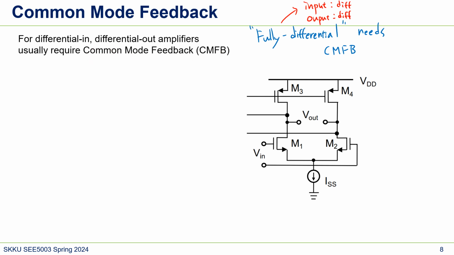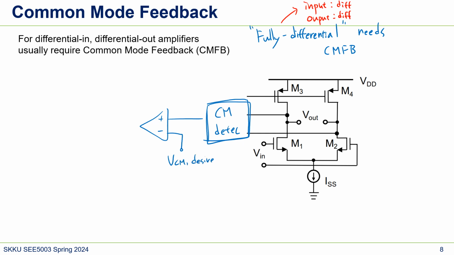Let me show you a brief system diagram. This would be the common mode detect, and then this will go to some amplifier, and here would be VCM desired, and this voltage will go here. Let me draw again.